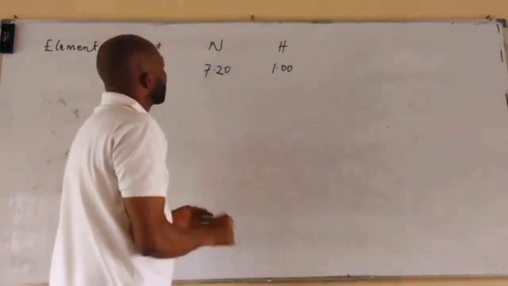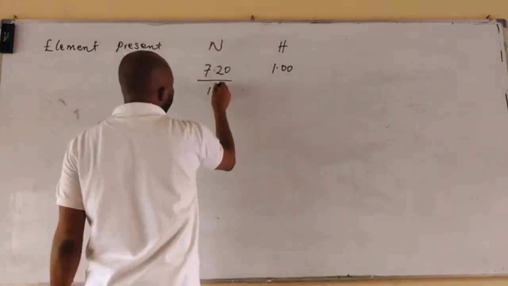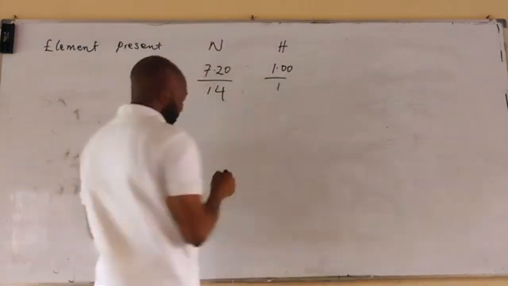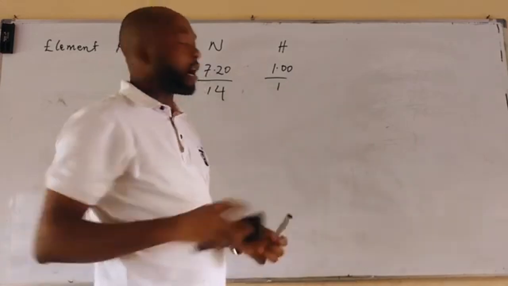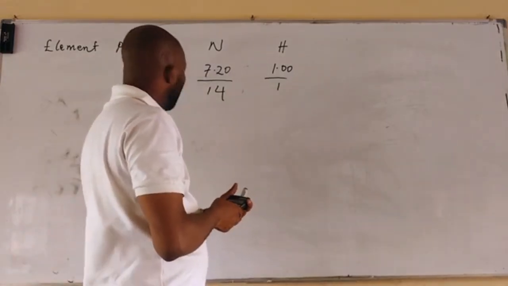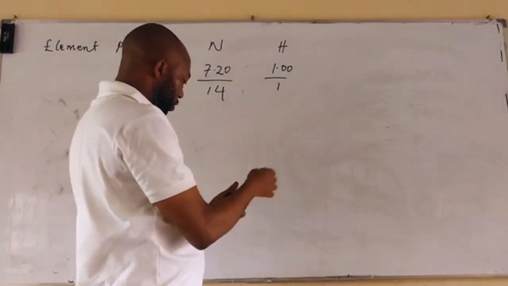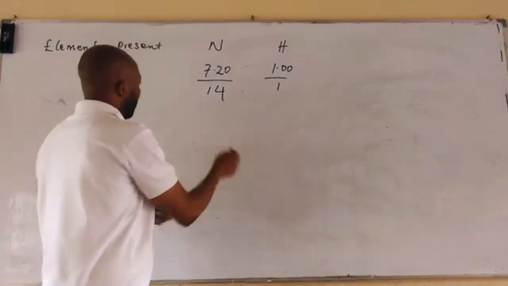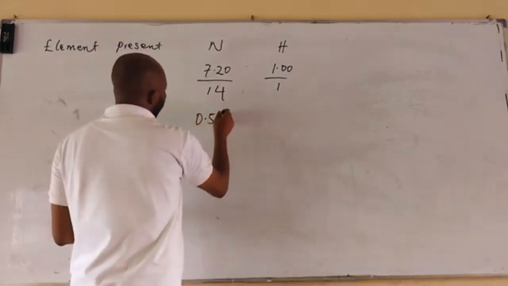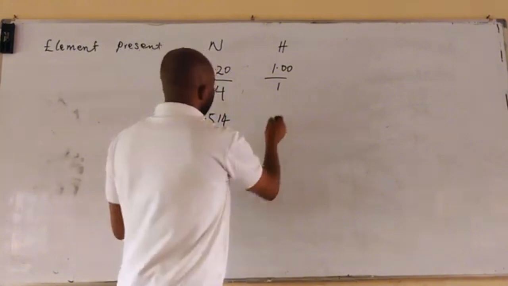So, for us to get there, we first have to divide by the relative atomic masses, 14 for nitrogen and 1 for hydrogen. So I have 7.2 divided by 14, which is 0.514, and this is 1.